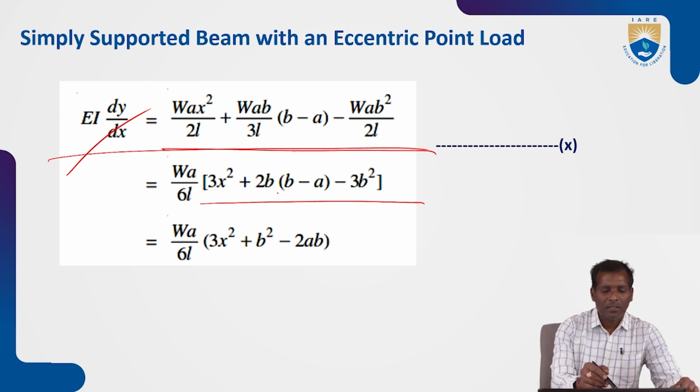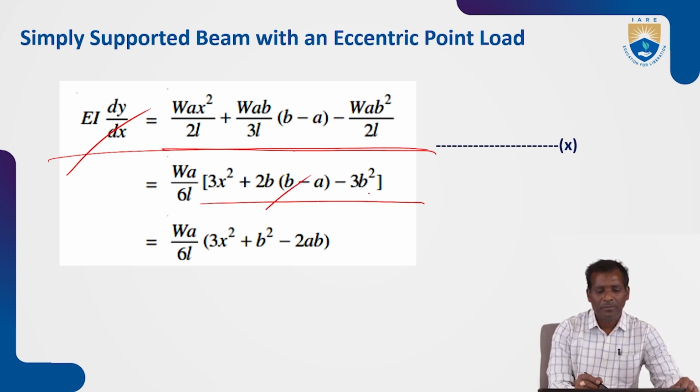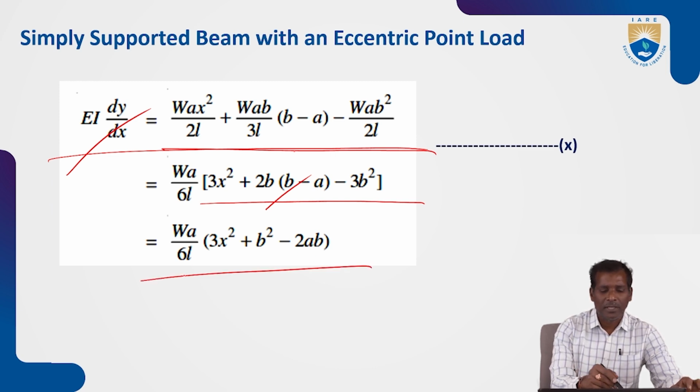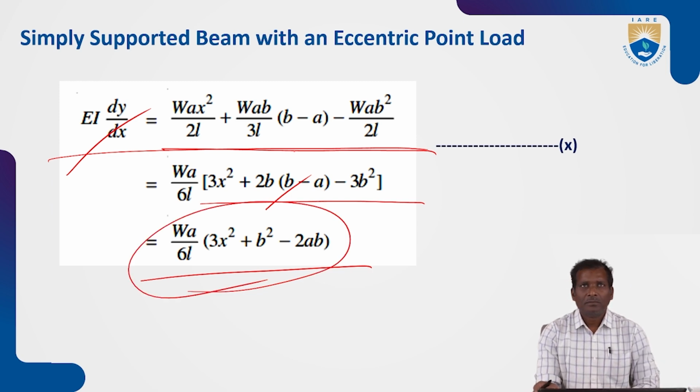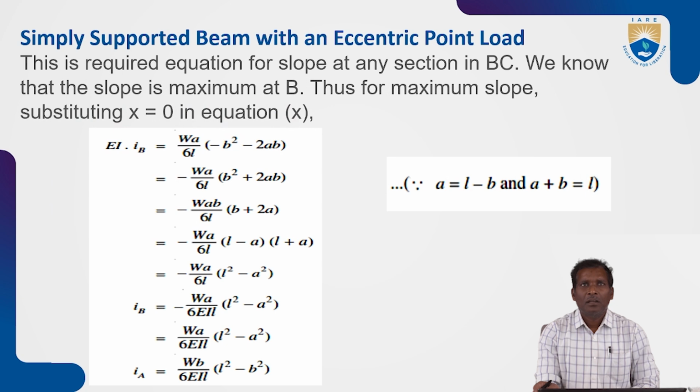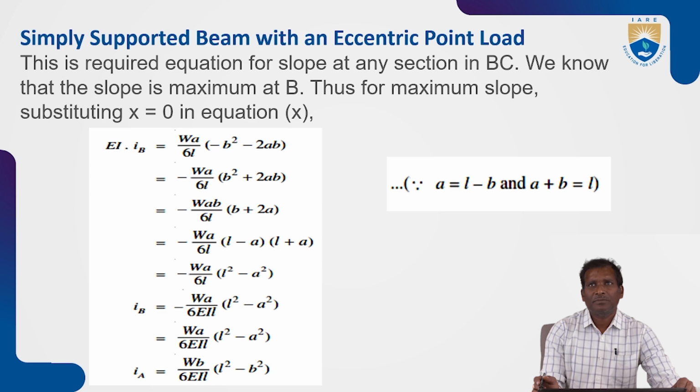So again here 2b square minus 2ab minus 3b square. So after simplification you'll get W by 6L into 3x square plus b square minus 2ab. So this is the required equation for slope at any section in BC.